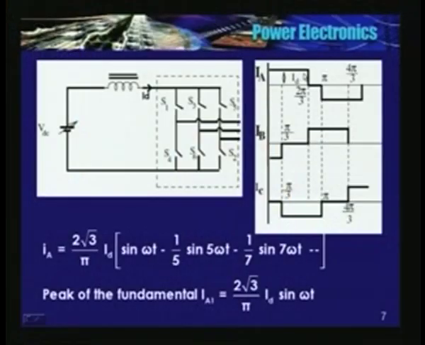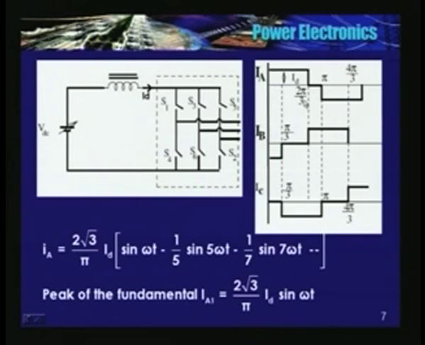So we had assumed that DC link current is constant and ripple free. So phase current or line current that is flowing out is also constant and ripple free. What is the harmonic spectrum? See, we had a line to line voltage waveform, VSI, almost the same.